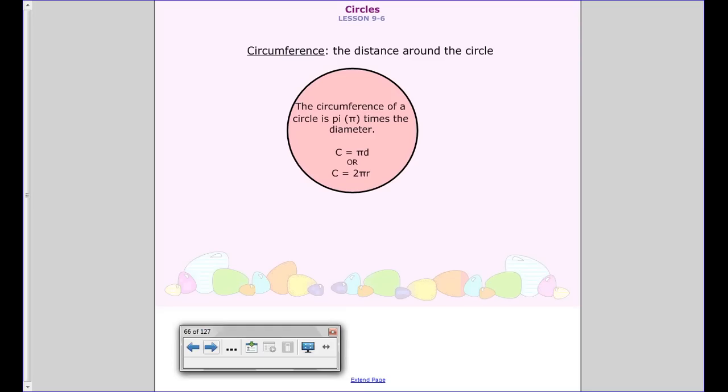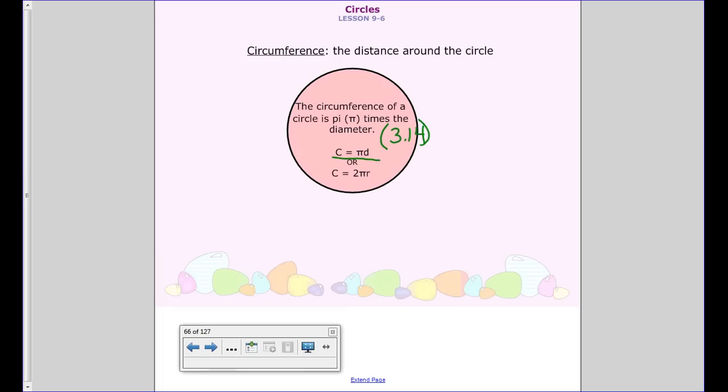We take pi, or in this case, we're going to round it to 3.14. And there's two ways you could do it. You could either just multiply it by the diameter if they give it to you. So if they say the diameter of this circle, all the way across it, is 10, you multiply 10 by 3.14, and that'll give you the circumference.